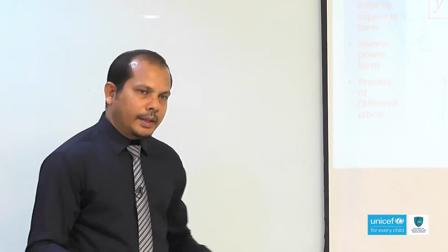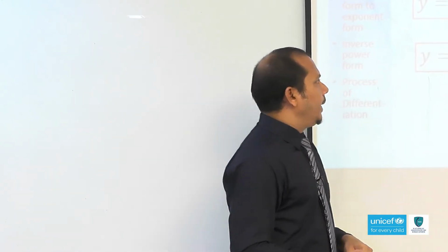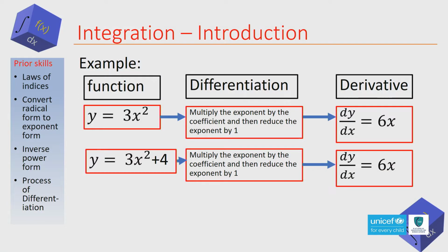Let us take another example. This time, y is equal to 3x squared plus 4, very similar to the previous function, but an extra constant has been added. If you differentiate this function, you still get 6x, but the constant gives you 0, as you have seen in the previous lesson on differentiation.